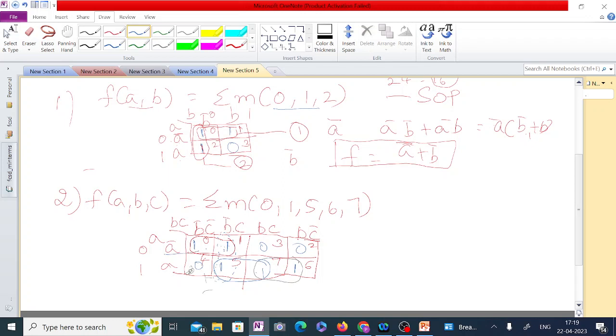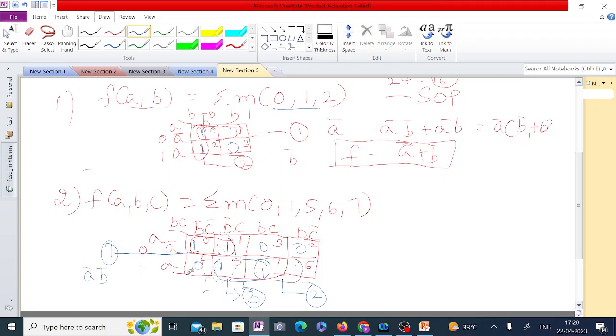And here, always the rule is look for a larger group, so that the number of literals are less. That is the rule. But here, the maximum group we could form is a pair only. Now for the first group, if you write the expression, what would it be? A bar is constant and B bar is constant. So I'll get A bar, B bar.